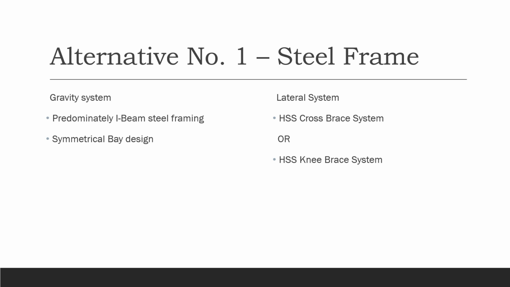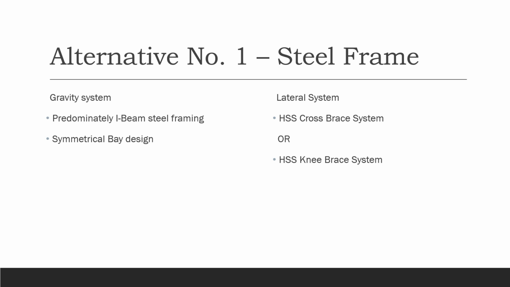Now for the lateral system, two designs were brought to our attention. One lateral system consists of an HSS lateral bracing system. These would be placed in various spots around the outside of the building.